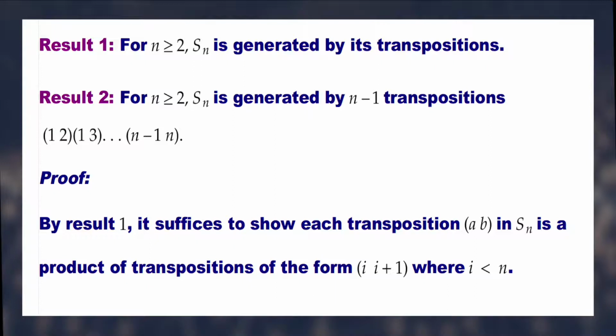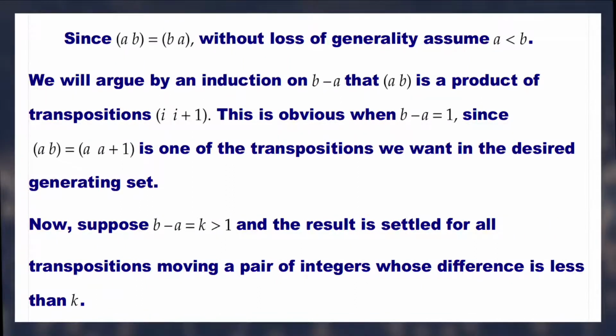Let us prove it. By result 1, it suffices to show each transposition (a b) in Sn is a product of transpositions of the form (i i+1), where i is less than n. Since (a b) is equal to (b a), without loss of generality assume a is less than b.